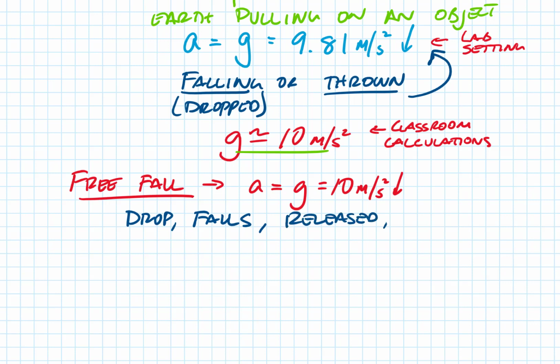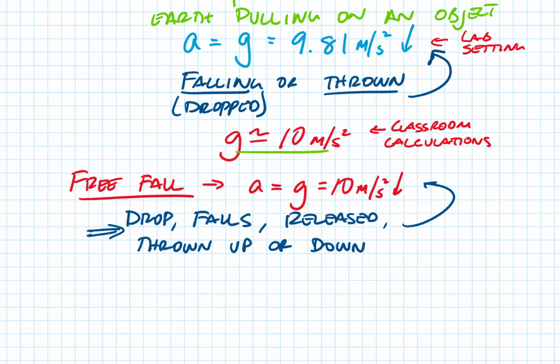And for now, when an object is thrown up or down. Because once it's released, once it's out of your hand, in all of these situations, we're in free fall motion.